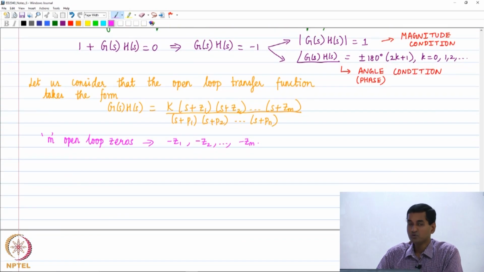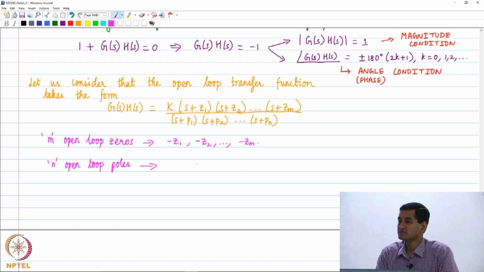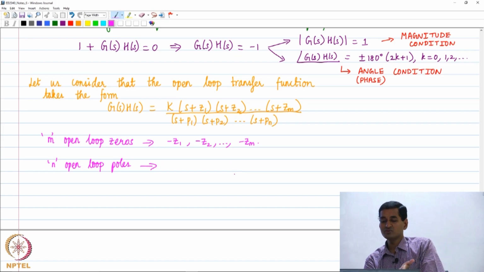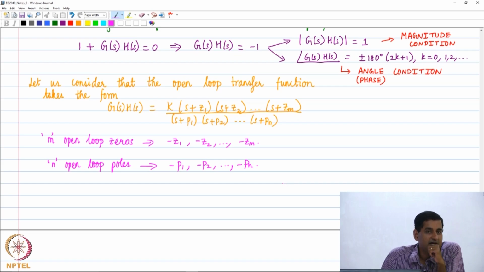Do you agree? And there are n open loop poles. I am sure all of us remember what is meant by open loop zeros and open loop poles: open loop zeros are the zeros of the open loop transfer function, and open loop poles are the poles of the open loop transfer function. So what are the n open loop poles? They are minus p1, minus p2 all the way till minus pn.